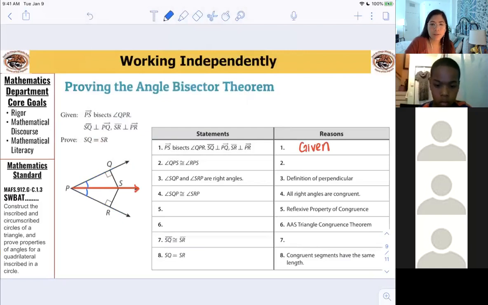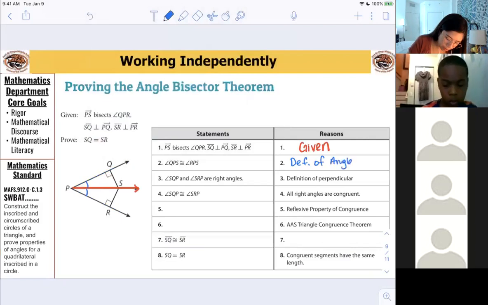Exactly. You know that it's because it's an angle bisector. So what do I write? The definition. I'm just going to write def of angle bisector.